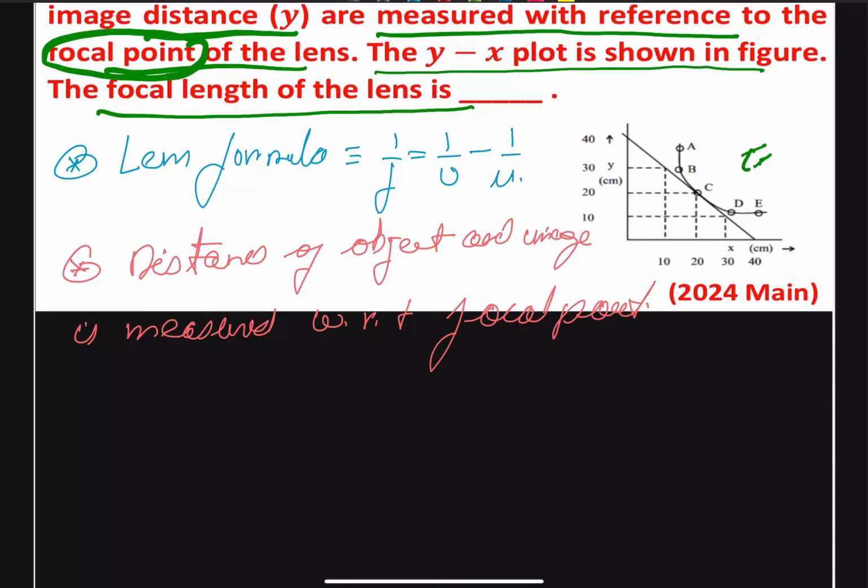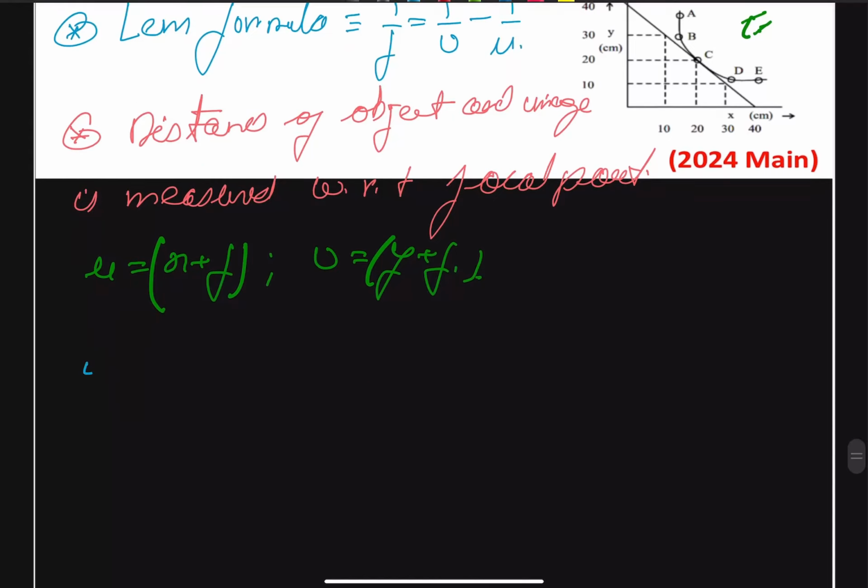Therefore, we can write that our U will be equal to x plus f and our V will be equal to y plus f. So if we substitute it, we get 1 upon f is equal to 1 upon y plus f minus 1 upon x plus f.